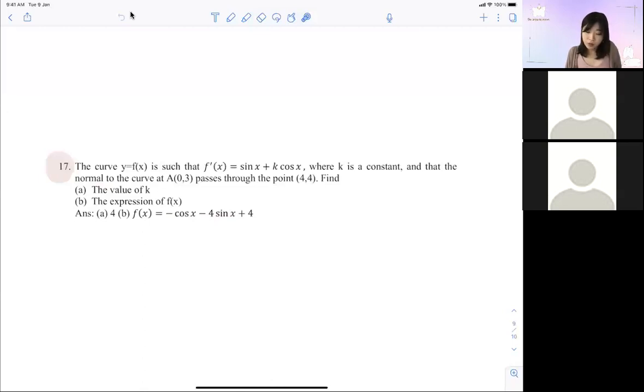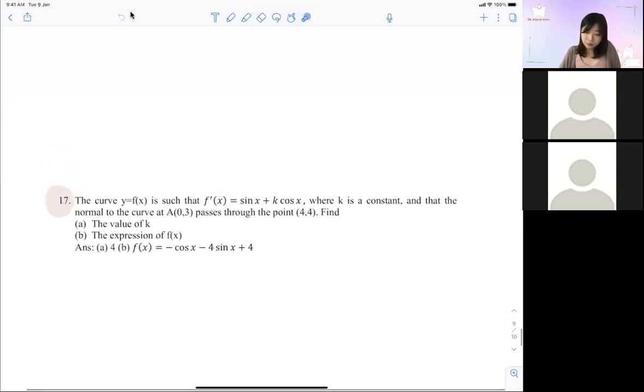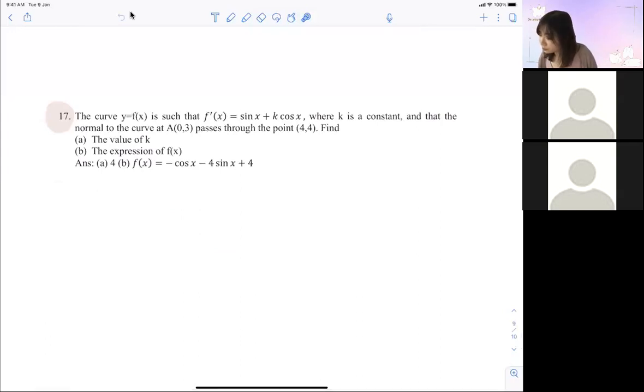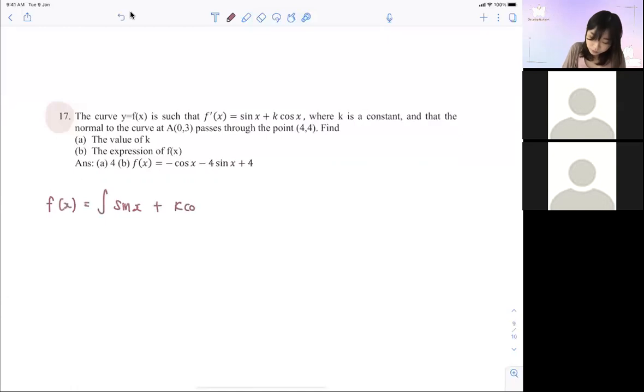Is this radian mode? Yes. Okay. Wait, but doesn't it make sense that if dy dx, or f prime x, is sine x plus k cosine x, and it meets the normal at 0, 3, then wouldn't sine x plus k cosine x become 0?